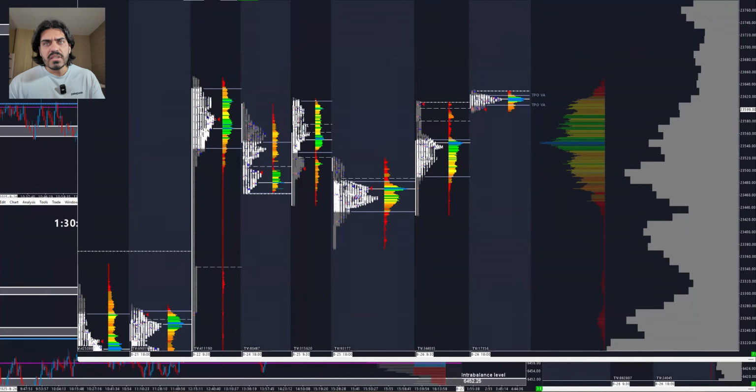Generally, in the use of the volume profile, like I've said, we're looking at balance versus imbalance areas. Balance areas are areas where the auction is in agreement, where there's consolidation, where we have this thick block of volume. Those are areas where price spends the majority of its time throughout the individual session.